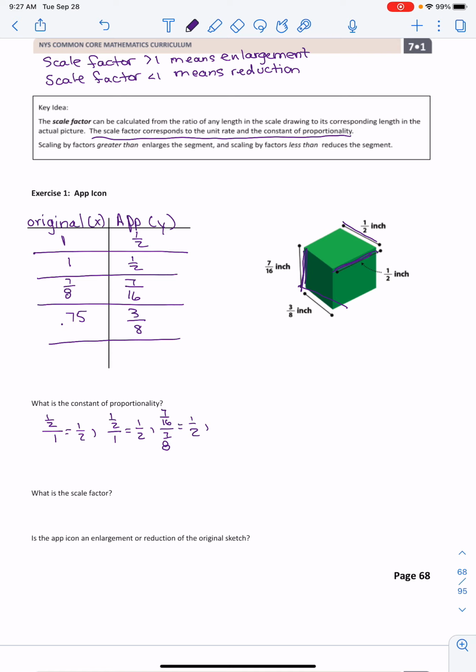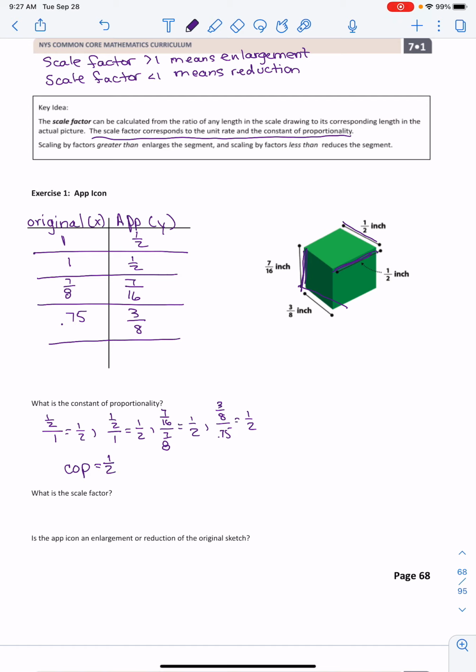And then we have 3/8 over 3/4, or 0.75, which is 1/2. So our constant of proportionality, or our COP, is 1/2.